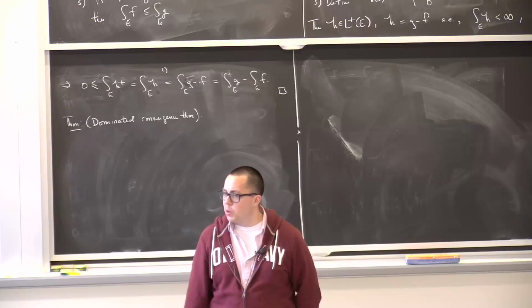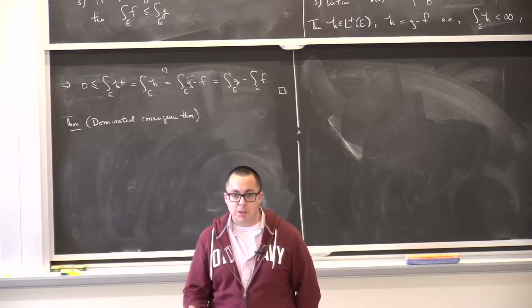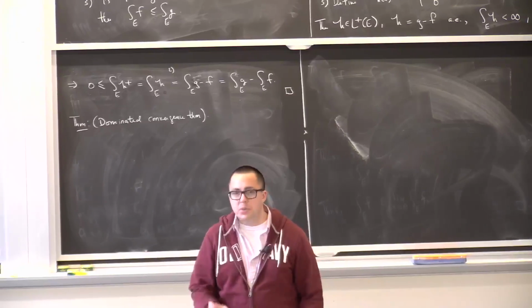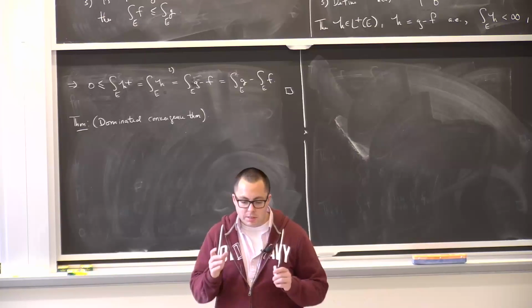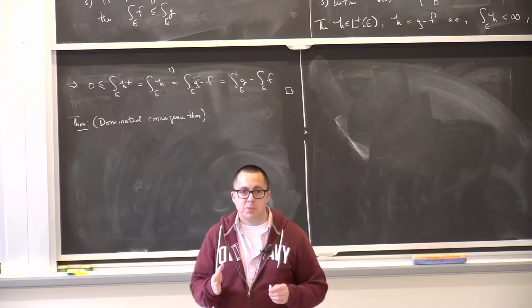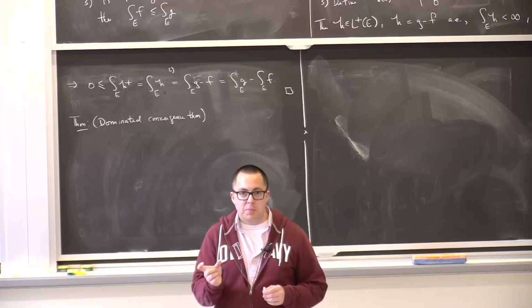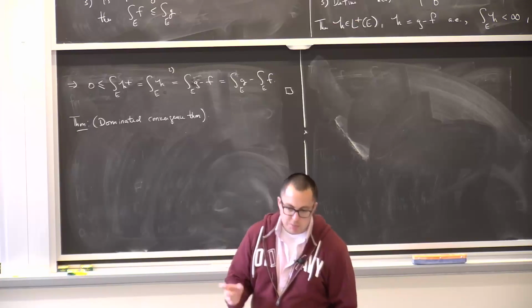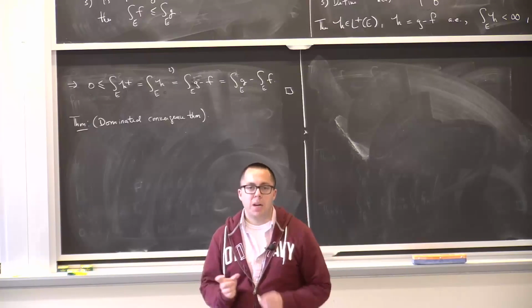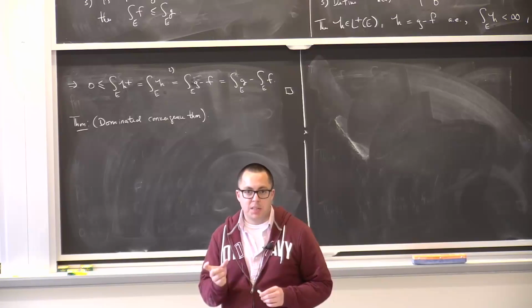Let's just talk our way through why those functions are integrable on those sets. If a function is continuous, then its absolute value is continuous on [a,b]. A continuous function attains a minimum and maximum on a closed and bounded interval, so the absolute value is bounded by some constant.